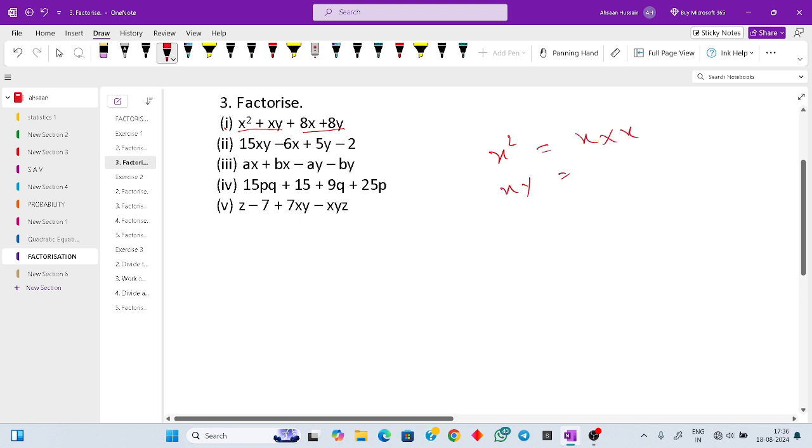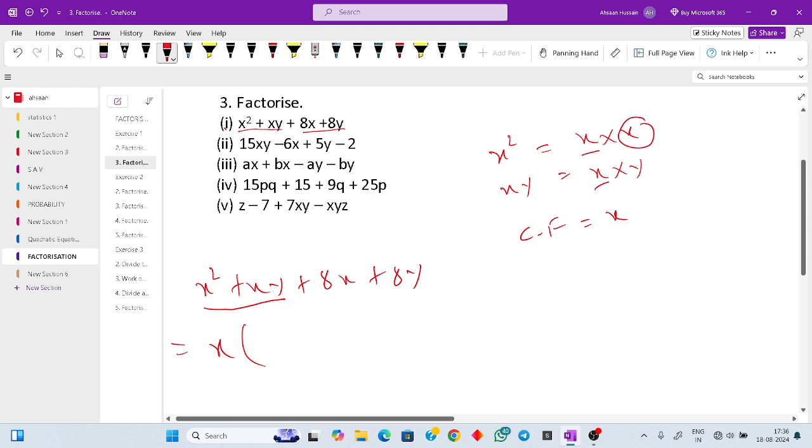X square means x into x, xy means x multiplied y. So the common factor here is x. So we'll write x square plus xy plus 8x plus 8y. The common factor of x square and xy is x. And what is left here after taking the common factor? One x is left and one y is left.